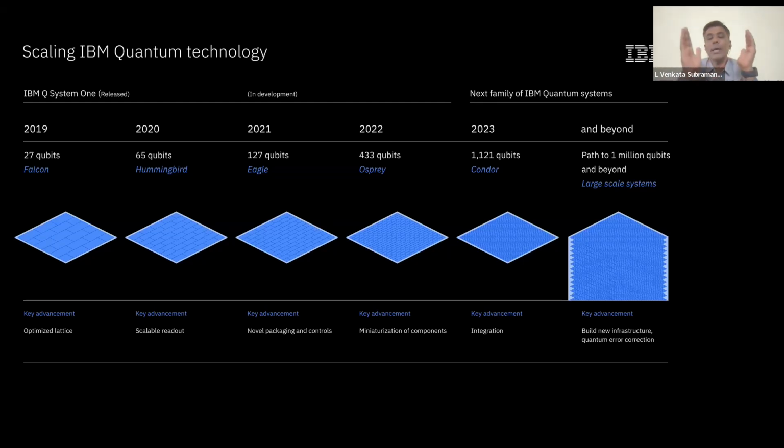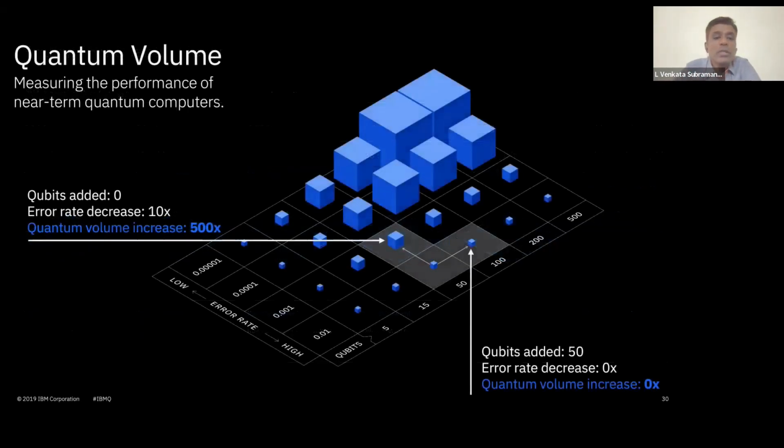And we saw that we are in the NISQ phase, the noisy intermediate-scale quantum computing phase. But once we are able to solve the errors and do error-free computation on quantum computers, and as the qubits increase, we are going to see what is called quantum volume increase. So what is quantum volume?